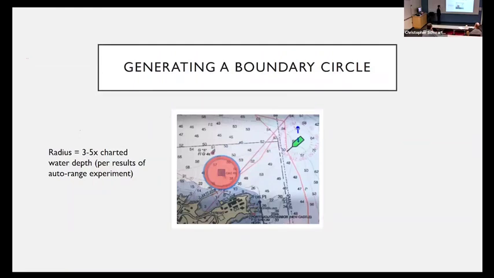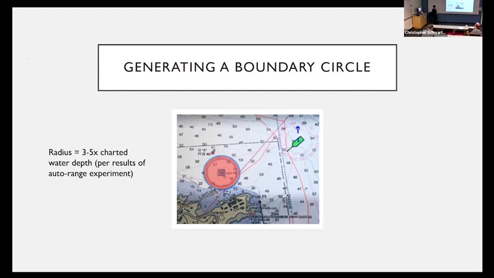I drew the imaginary boundary circle for purposes of the presentation here, but the idea is that around each of these potential targets of interest, a boundary circle gets automatically generated with a radius that is appropriately scaled to allow us to image that target given the water depth and the range we expect the side scan to be able to use in that water depth.